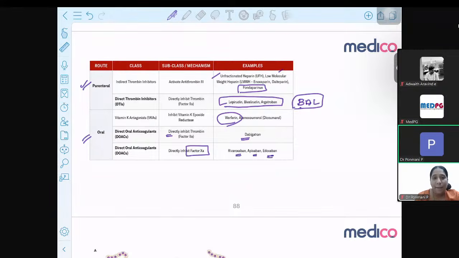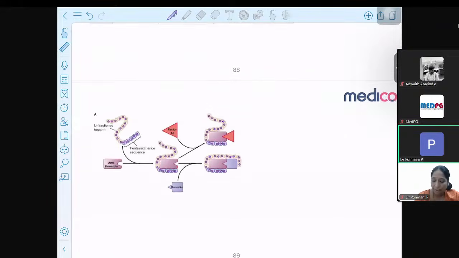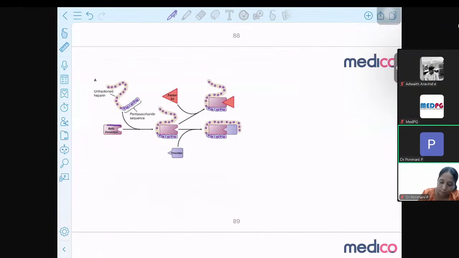And how is heparin going to work? Heparin is going to form a complex with antithrombin. And this heparin-antithrombin complex inhibits two things. What are the two things? It inhibits factor 10A as well as factor 2A in the ratio 1:1. The problem doesn't stop with that.